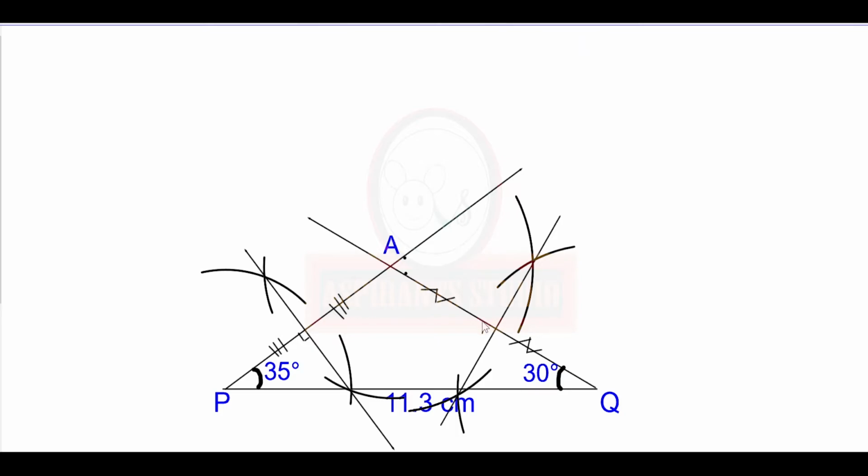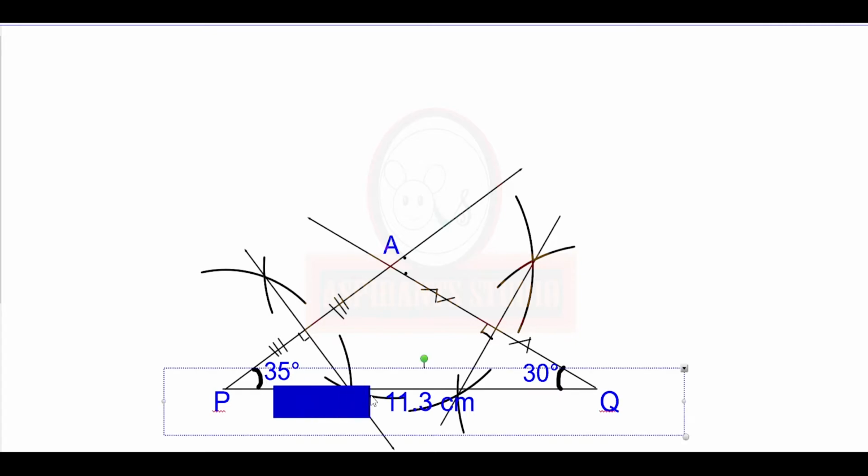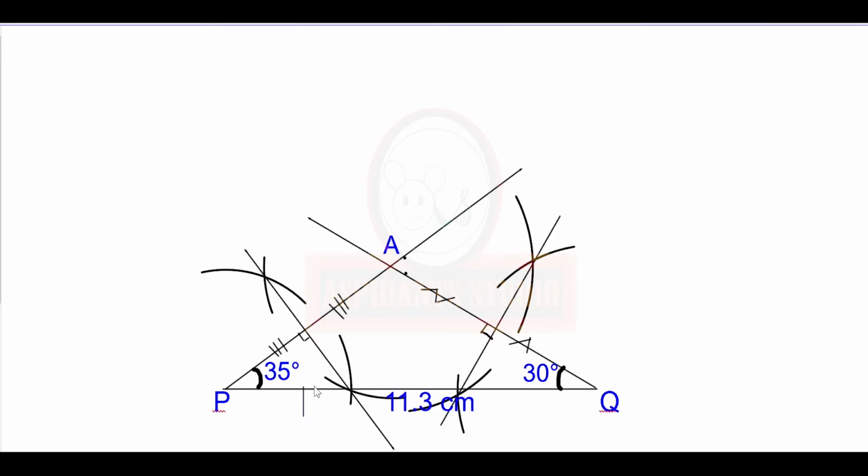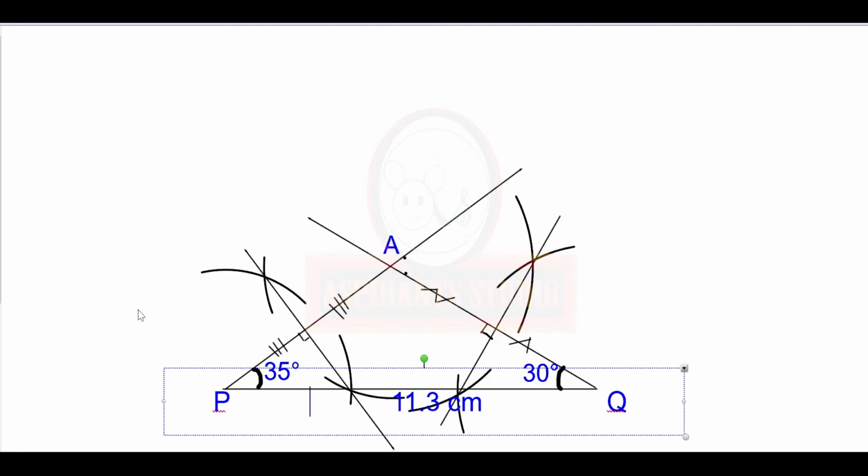Now we have two perpendicular bisectors drawn. They are meeting PQ at 2 points. Show them as B and C. So name the points as B and C respectively where the perpendicular bisectors intersect line PQ.